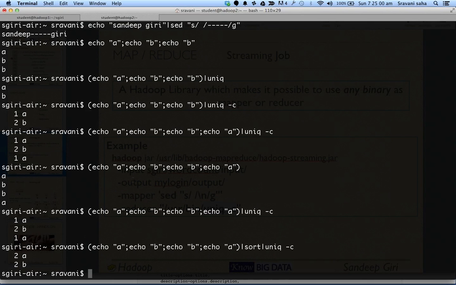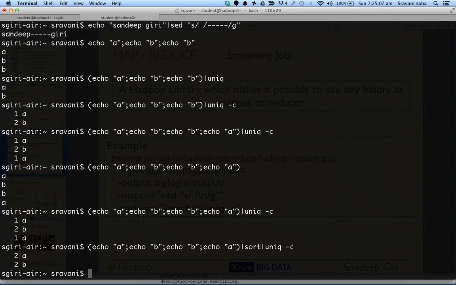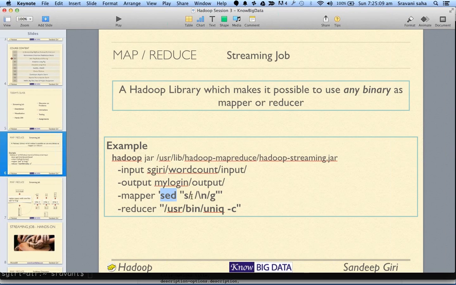Now it will give the correct results. So there are two Unix commands already on the Unix system. One is SED, which substitutes one string with another, and the other is uniq -c, which prints the counts of unique strings in the input, provided the input is sorted.